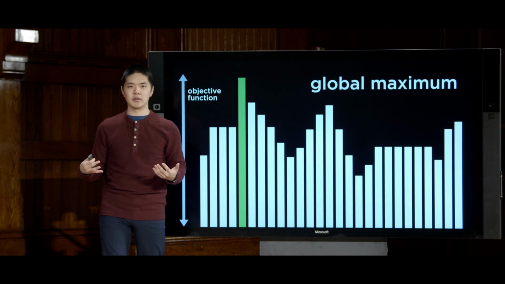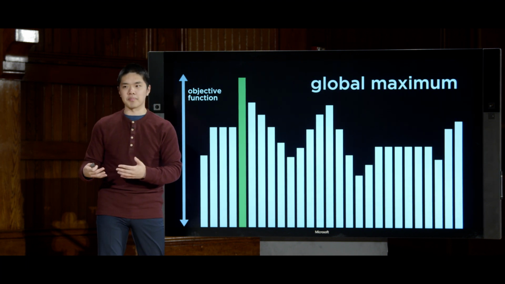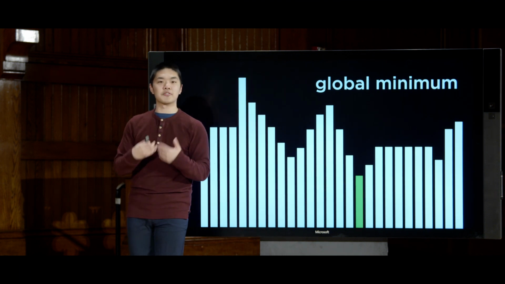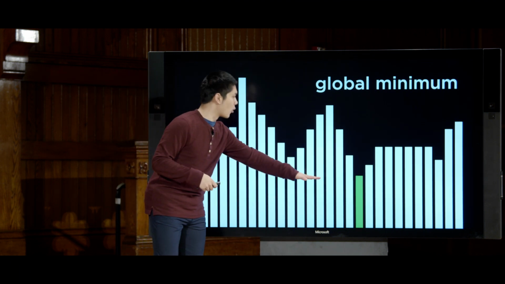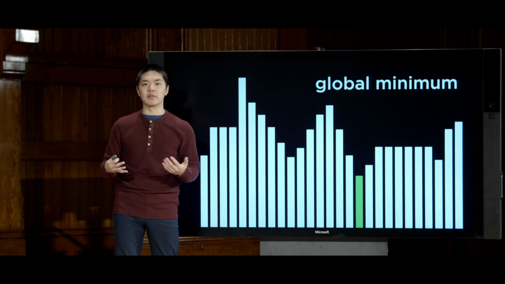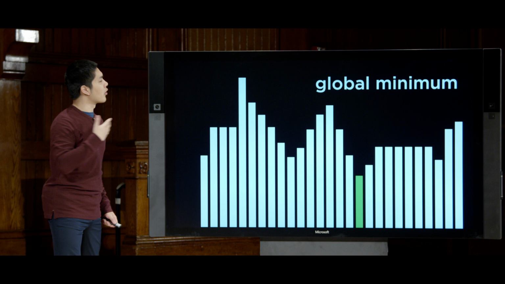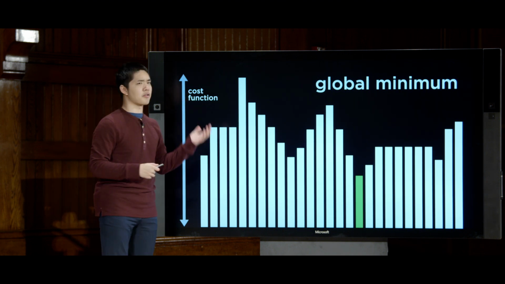objective function. An equivalent but reversed problem is the problem of finding a global minimum, some state that has a value after you pass it into this function that is lower than all of the other possible values that we might choose from. And generally speaking, when we're trying to find a global minimum, we call the function that we're calculating a cost function.